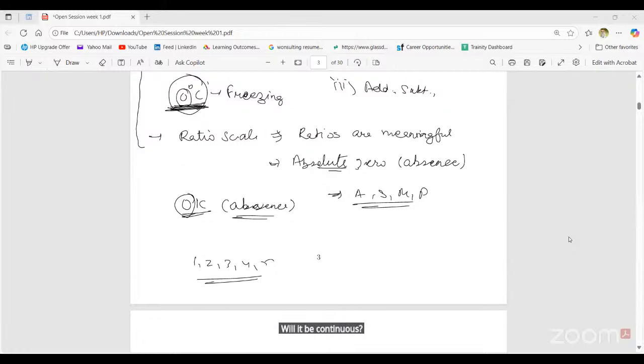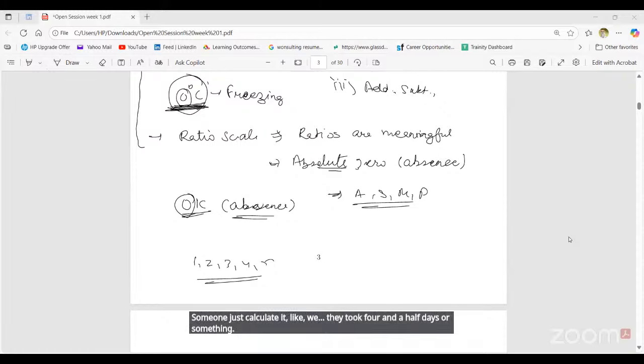Continuous means fractional numbers. But it doesn't mention anywhere that you only have to calculate with whole numbers. So if someone took 4.5 days or something. Yeah, that will be discrete, I think.